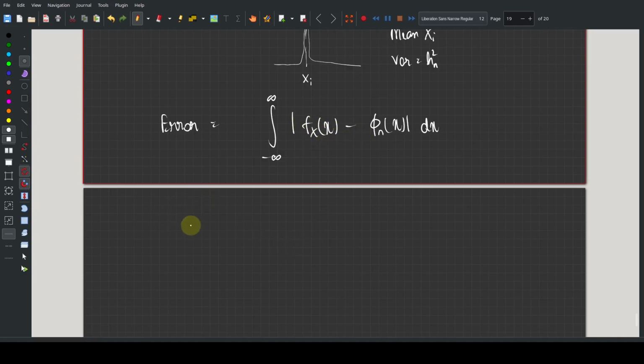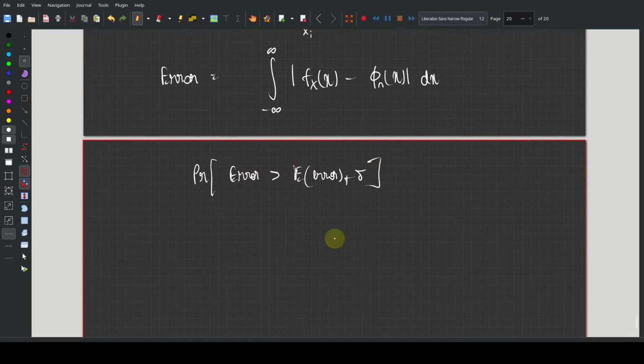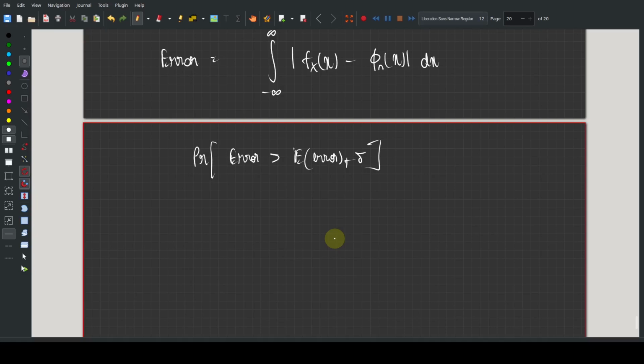So let's assume that we want to derive a bound on the probability that the error is greater than the expected value plus some delta. Is it true that the error is decaying in n? That's what we want to find out. How would we do this?